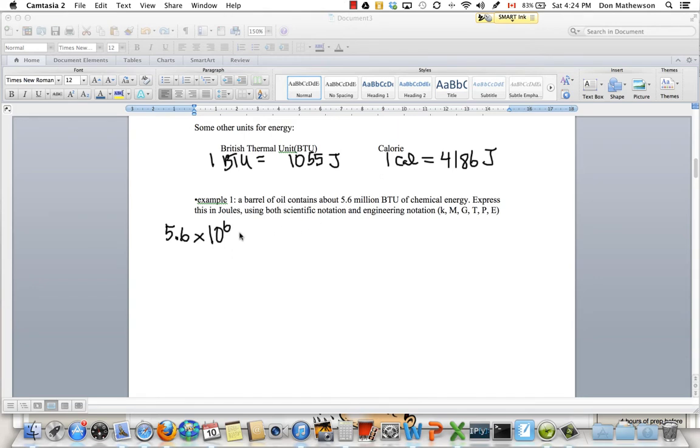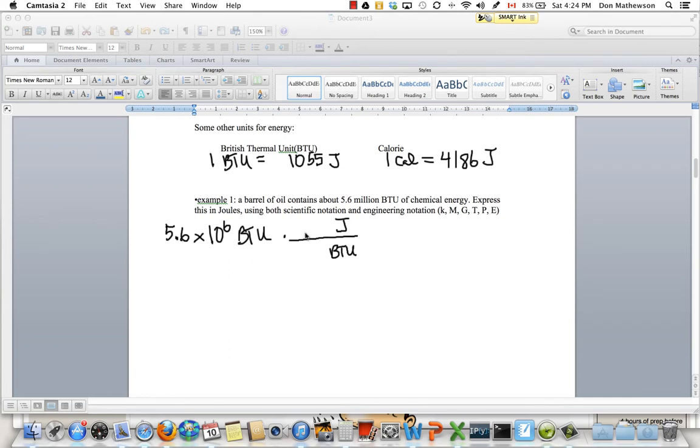So we've got 5.6 million British thermal units, or BTUs, of energy. We want to convert that to joules. We'll do that using a ratio technique. So we'll put the BTU unit down here to cancel, and then we'll put the joule unit up here to replace. And now we just put in numbers here so that the top and bottom are the same, so that essentially we're just multiplying by 1.